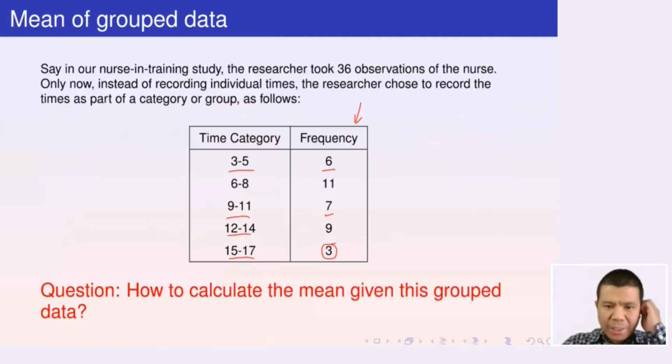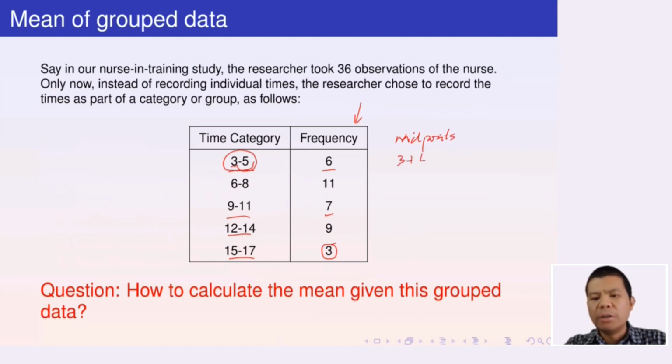Now, for instance, here, the lower class limit for the first class is 3 and the upper class limit is 5. So the midpoint is going to be 3 plus 5 divided by 2. Take the average of these two, which gives you 4.